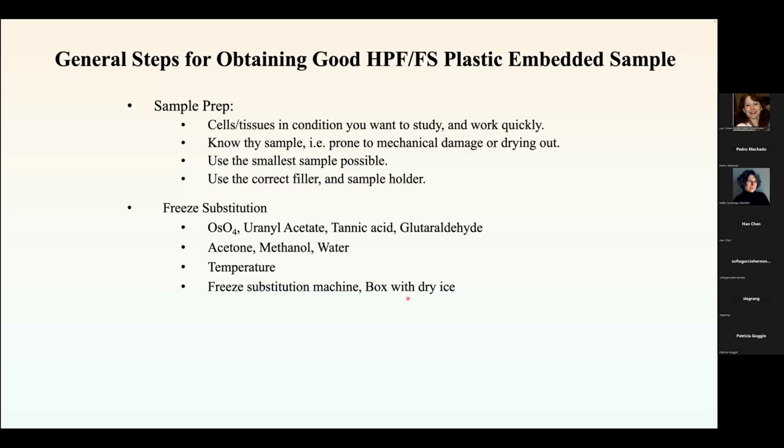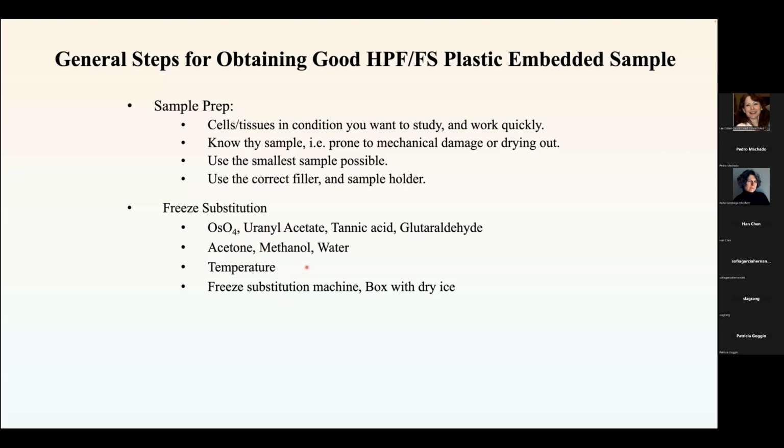Freeze substitution choices: you have a plethora of metals you can use. You can add mordants. You can add acetone, methanol, water. Generally speaking, we use 0.1% uranyl acetate in acetone, and most of the images I showed, unless I've noted it on a slide, were done with uranyl acetate and acetone only in the freeze substitution.